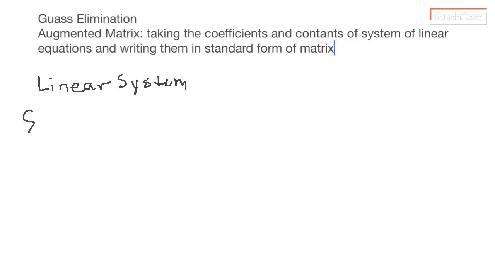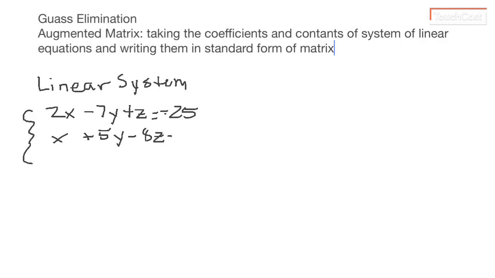We're going to have the three equations: 2x minus 7y plus z equals negative 25, x plus 5y minus 8z equals 81, and negative x plus 4y plus 3z equals negative 18.